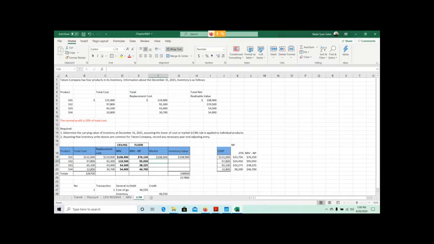So that means the lowest amount that I can report is up to the floor. Okay. Again, product 103, I have the cost and the replacement cost. The replacement cost is lower and it falls within the limits.